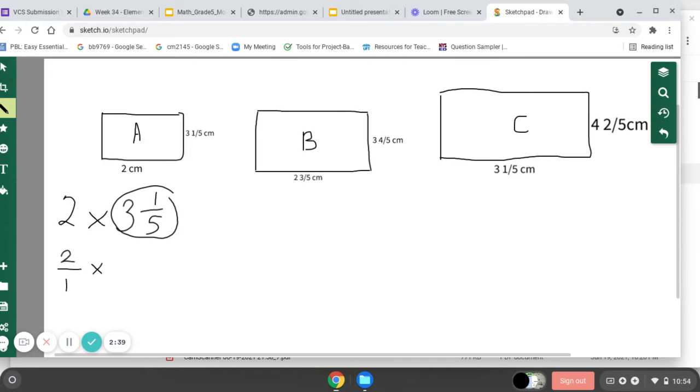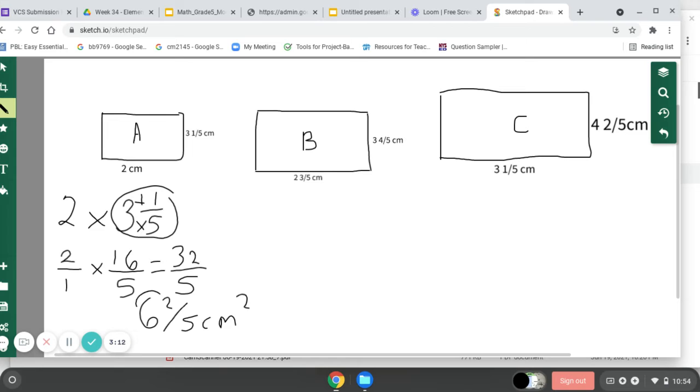So we have 5 times 3, which is 15, and we add the 1 to it, and we get 16 fifths. And when we multiply across, we get 32 fifths, which gives us a final answer of 6 2/5 centimeters squared.